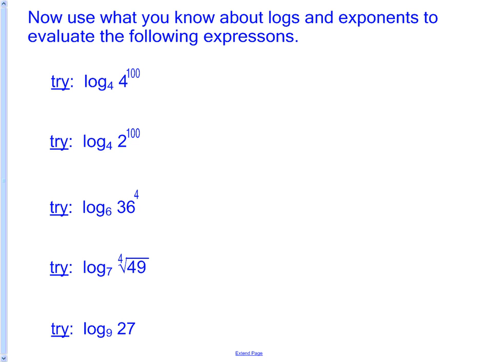All right. First one's easy. 100. The next one's more of a mind bender because if the bases were the same, if that was 4 and that was a 4, then the answer would be 100. But I can make them the same. Log base 4. Keep that as a 4.